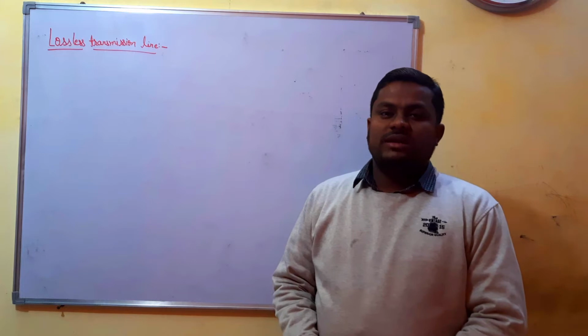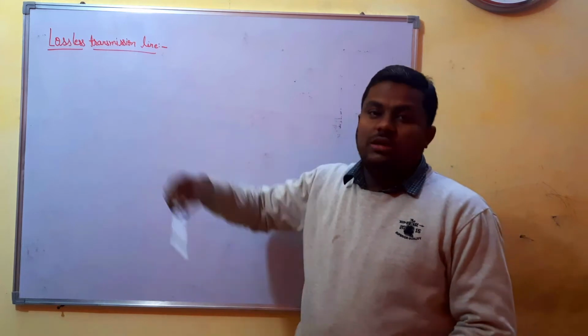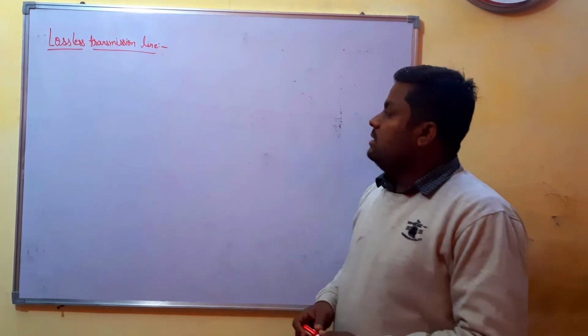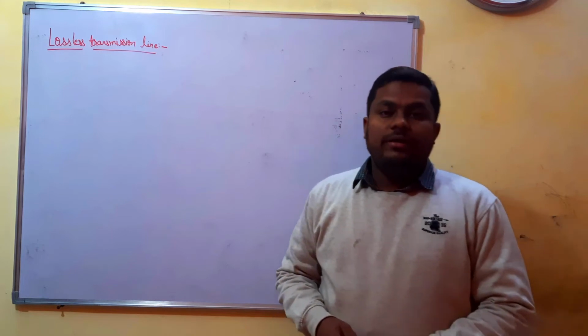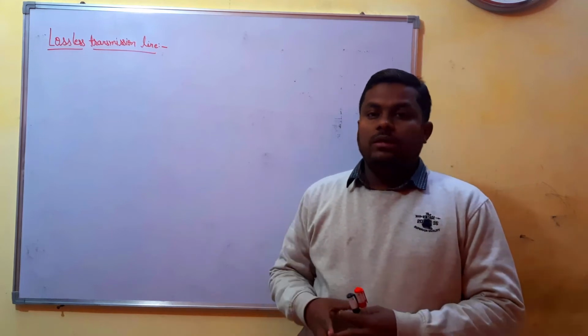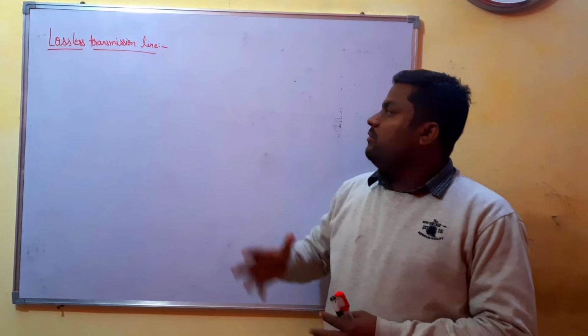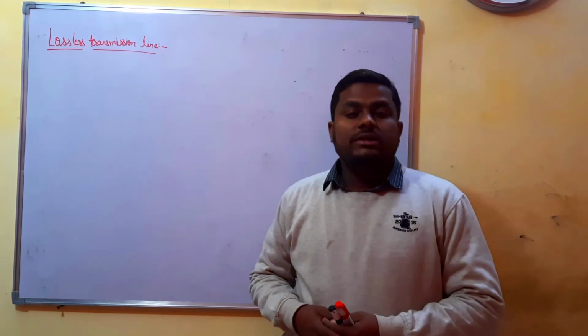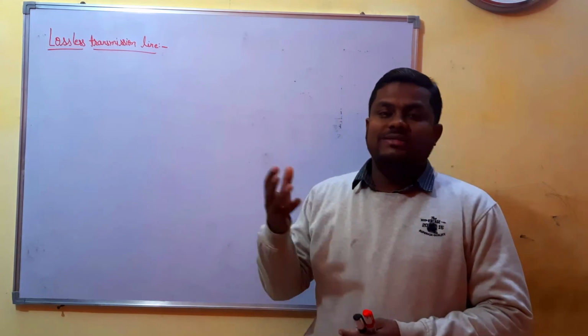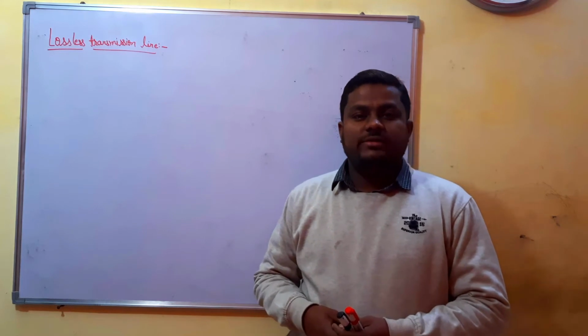Today we will discuss the lossless transmission line. In this video we will cover what the impact on voltage and current will be if we assume that the transmission line has no loss.